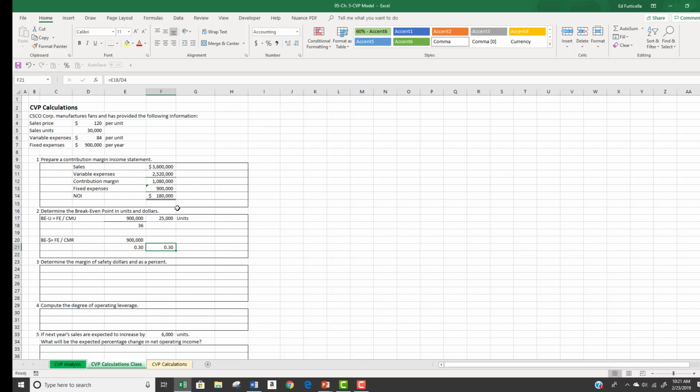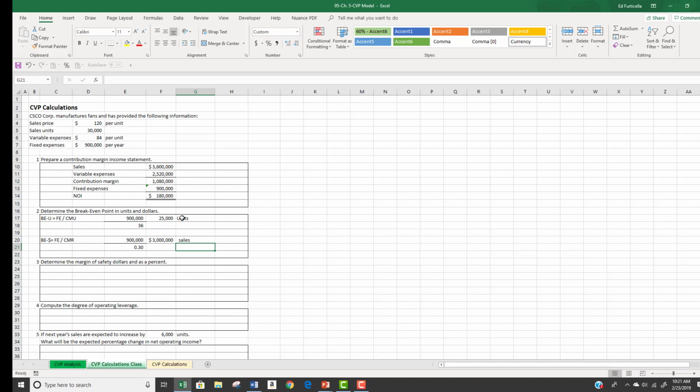30% as well. So either way, regardless of whether you take the total contribution margin and divide it by sales, or you take the contribution margin per unit and divide it by the selling price, you're going to get exactly the same answer. Okay, I'm going to underline that, and I'm going to do the division, and we're going to get $3 million. $3 million in sales is going to break us even.